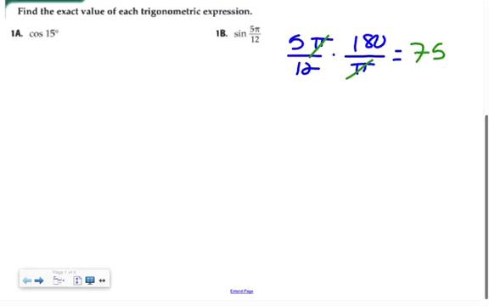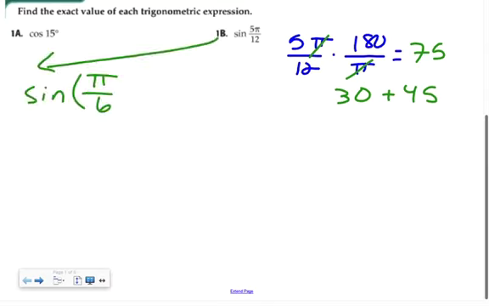Since in the last example I used a difference identity, I'd really like to use a sum identity here. So what adds up to 75? 30 and 45. Now I want to use the kind of angles that the question used, so I'm going to convert those back into radians.